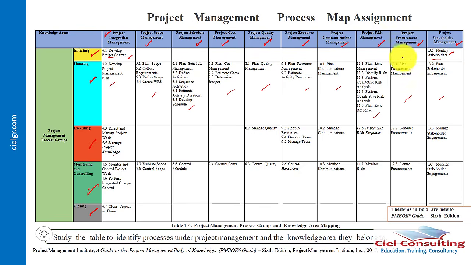And then after that, you now go into your planning, which of course would include to develop the project management plan. The project management plan is now the combination of all these other subsidiary plans that you're seeing here. That is the plan that we have for scope, for schedule, for cost, for quality, for resource, for communication, risk, procurement, and stakeholder.